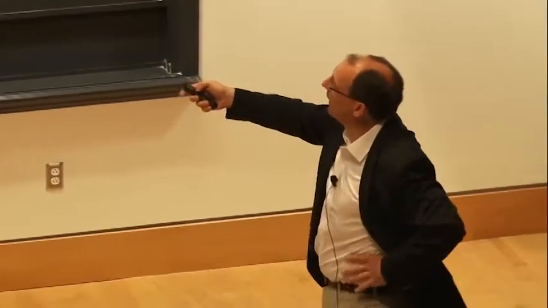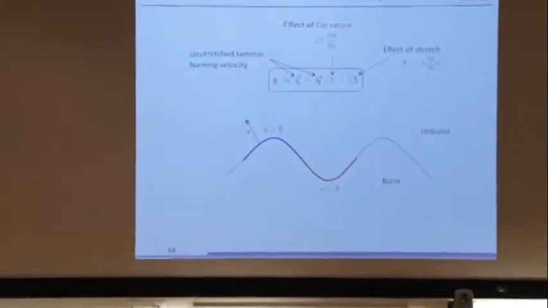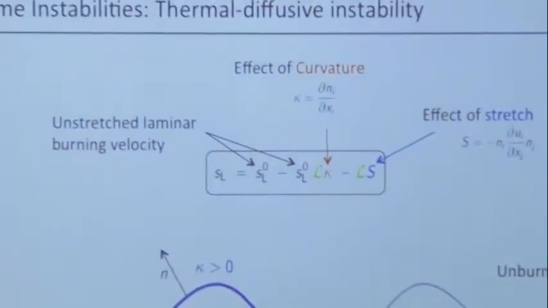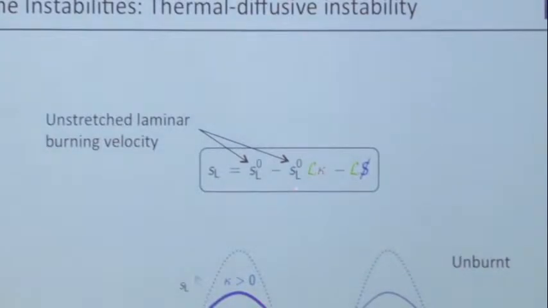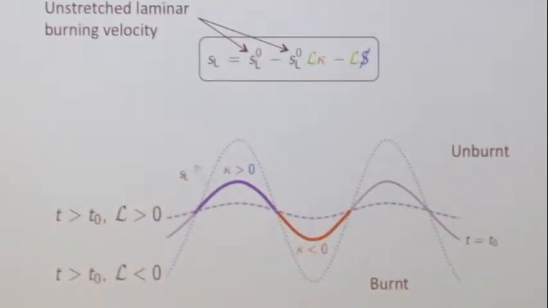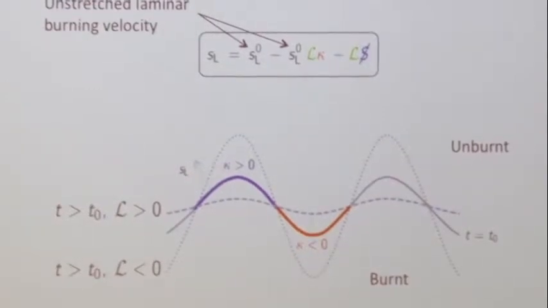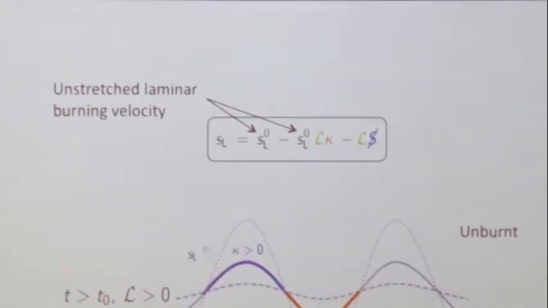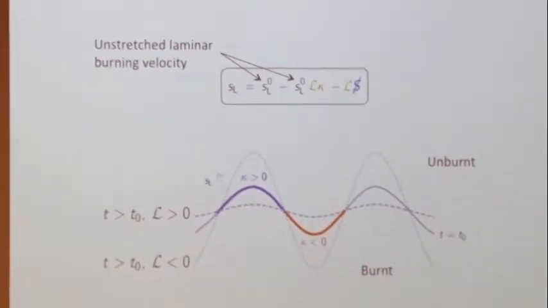The larger the Markstein length is, the stronger this curvature stretch effect. And what we saw was that if the Markstein number is large, then this has a very strong influence. If you start with an original perturbation like this, then the positive curvature will get slower, this will get faster, and that has a stabilizing effect. The larger the Markstein length is, the stronger this stabilizing effect.